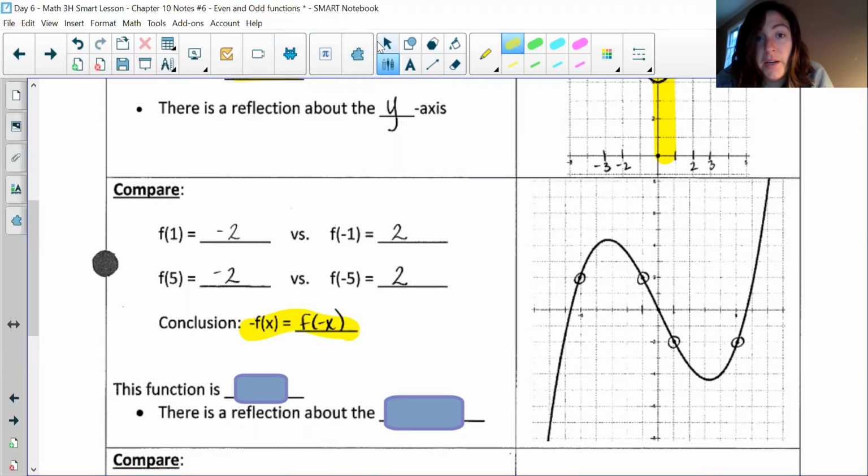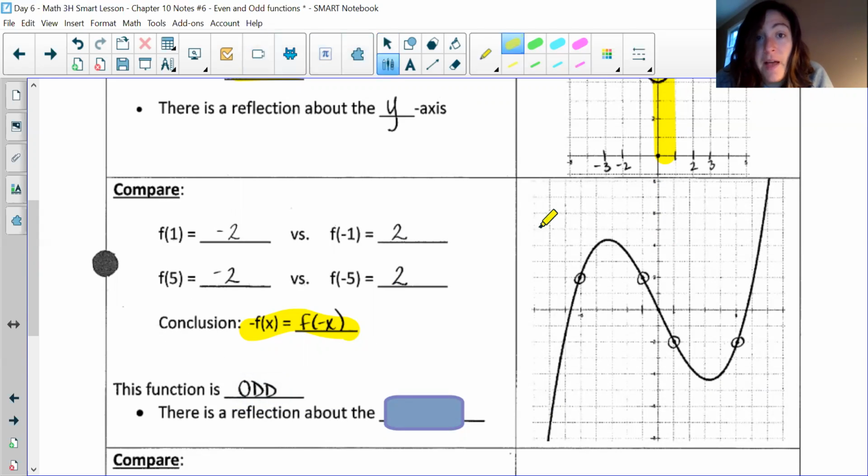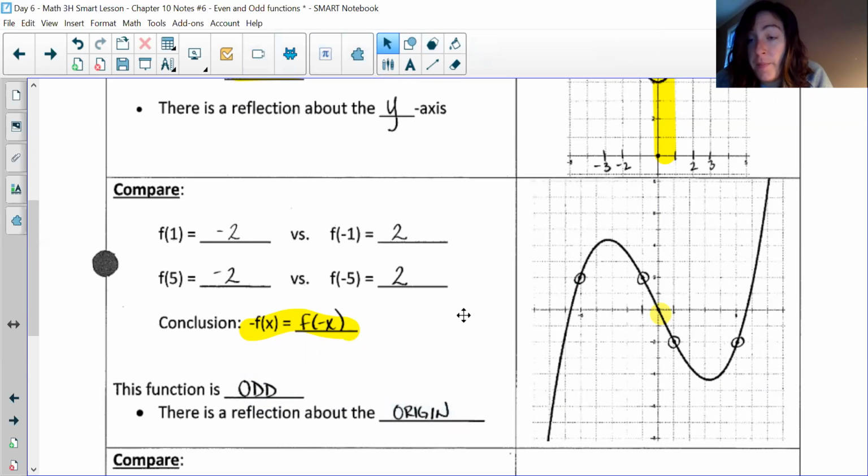This property here is a property of odd functions. Visually, on a graph, odd functions are reflections, 180-degree reflection about the origin. Easiest way to determine if something's reflected about the origin is to take your paper and turn it upside down.